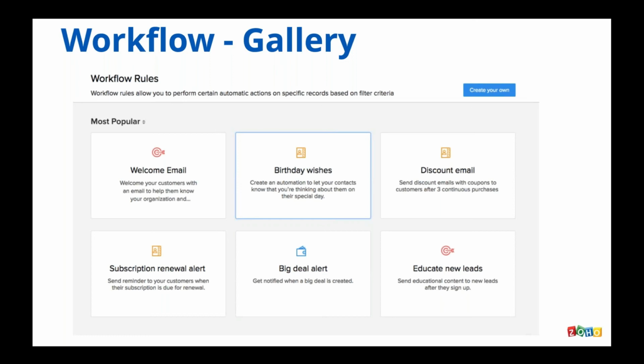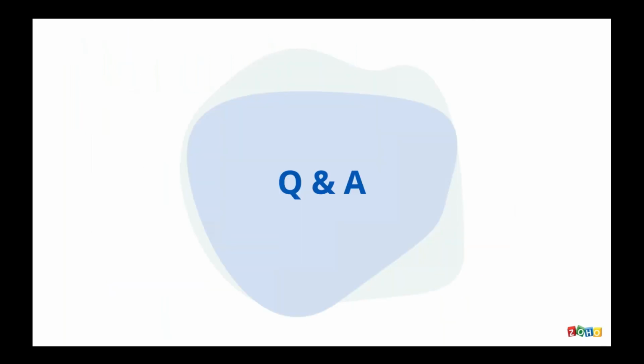We'll be piling up lots of gallery workflows so that users need not create their own if they do not know how. They can just pick and choose the workflows they want, and at the same time you have the privilege to create your own. So that's pretty much about automation.